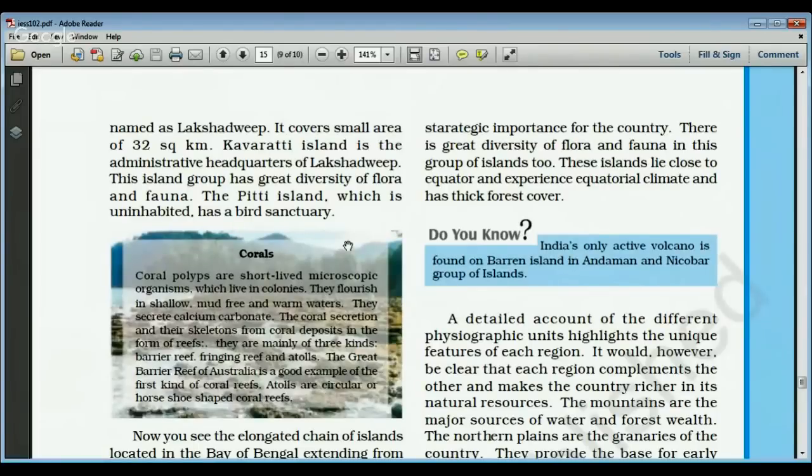So Lakshadweep is the smallest part of India, and Kavaratti Island is the capital and administrative headquarters of Lakshadweep. Lakshadweep is coral islands, and these islands have great diversity of flora and fauna. And Pitti Island, which is uninhabited, has a bird sanctuary.